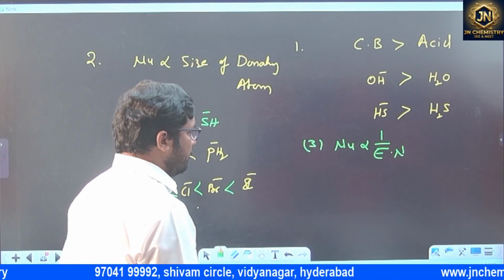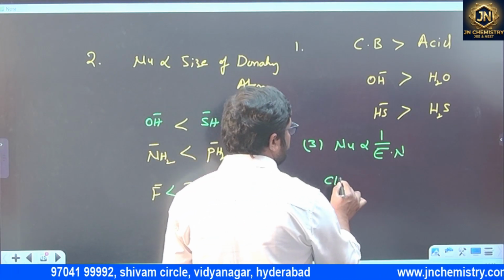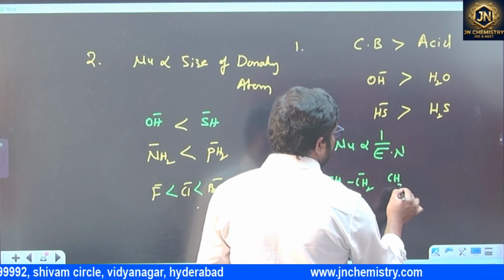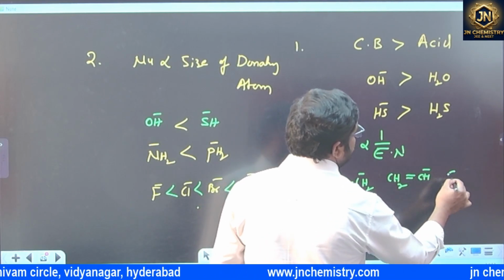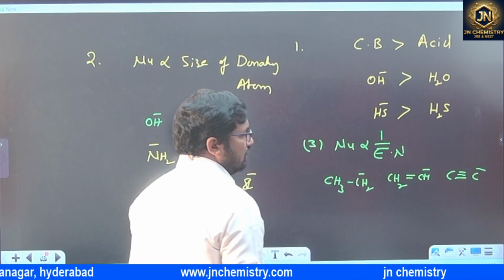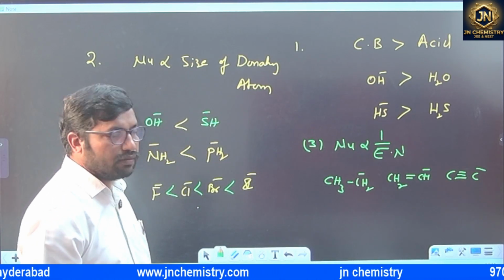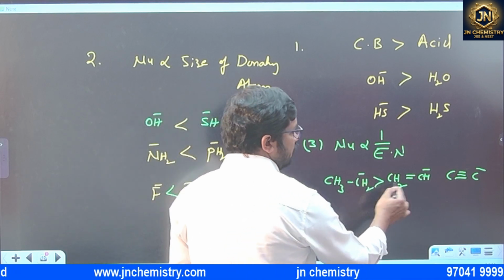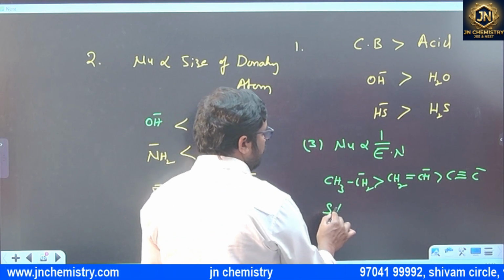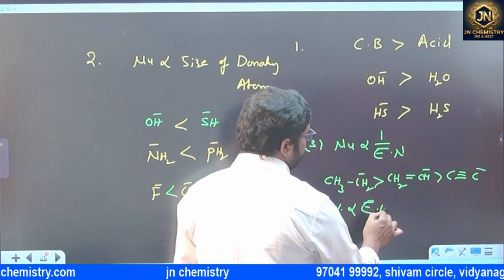For example, CH3CH2 minus, CH2=CH minus, C triple bond C minus. Which is stronger? Obviously, this is sp hybridization, and the percentage of s character is directly proportional to electronegativity.